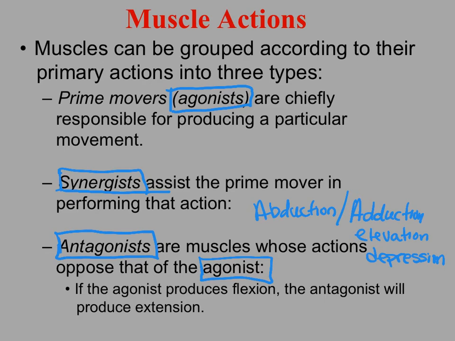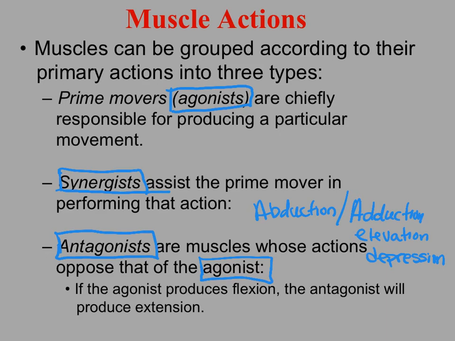That's one example. Let me give you a different muscle agonist-antagonistic pair example. If you're standing up straight and you were to bend over, fold yourself in half, bend at the waist, that's flexion at the waist. The opposite action of flexion at the waist is extension at the waist.